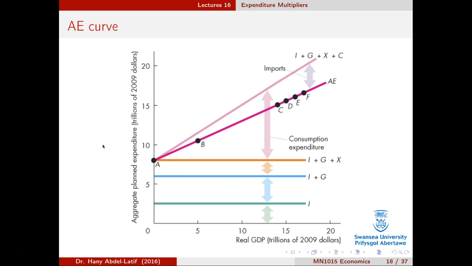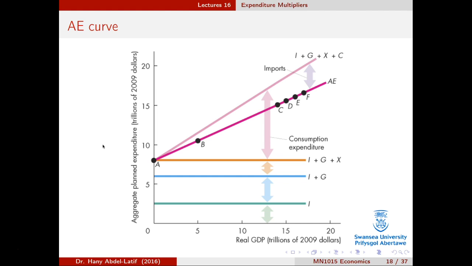So we see that the 3 autonomous components, I plus G plus X, could be represented by a horizontal line, meaning that they're not influenced by the real GDP. But when we add the consumption function into the picture, we know now how the consumption function looks like.